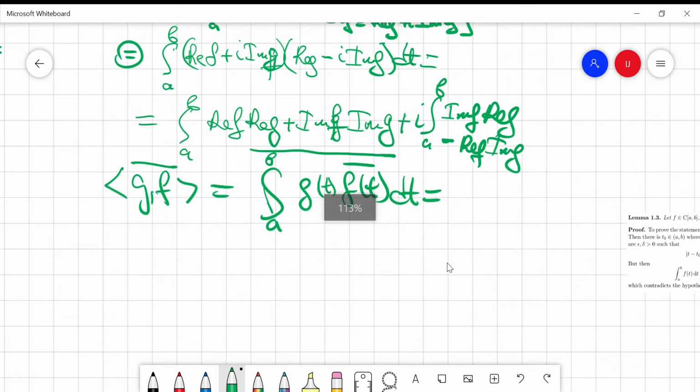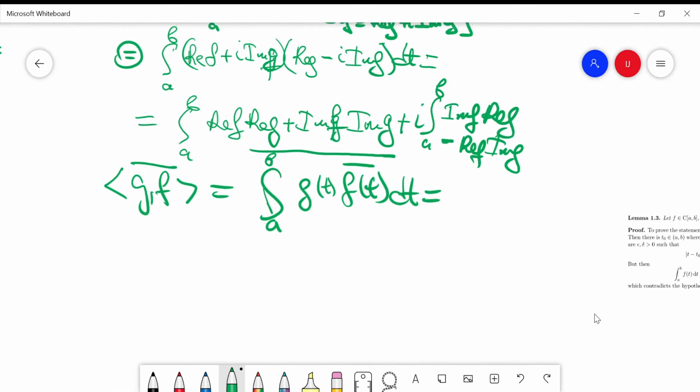Again, if we expand this, we will have exactly the same as above, but let's verify it.